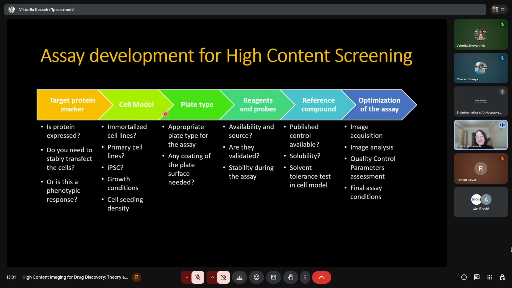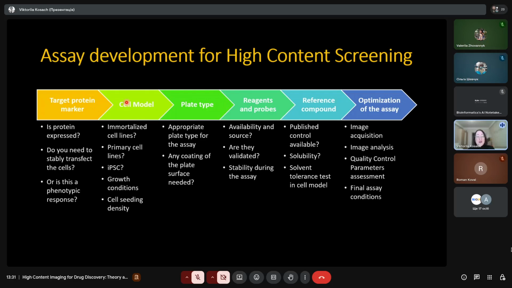About plates. The next important part of assay development is choosing the right plate for your assay. It is really very important to have good quality images.